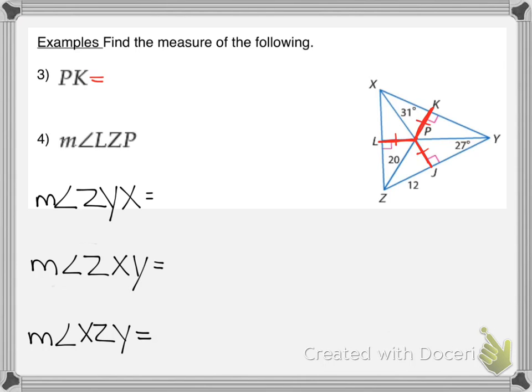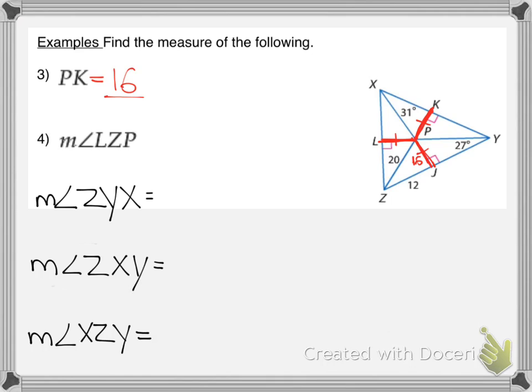So these segments are all congruent. So let's just say that PJ equals 16. So if PJ equals 16, that means LP also equals 16 and PK also equals 16.